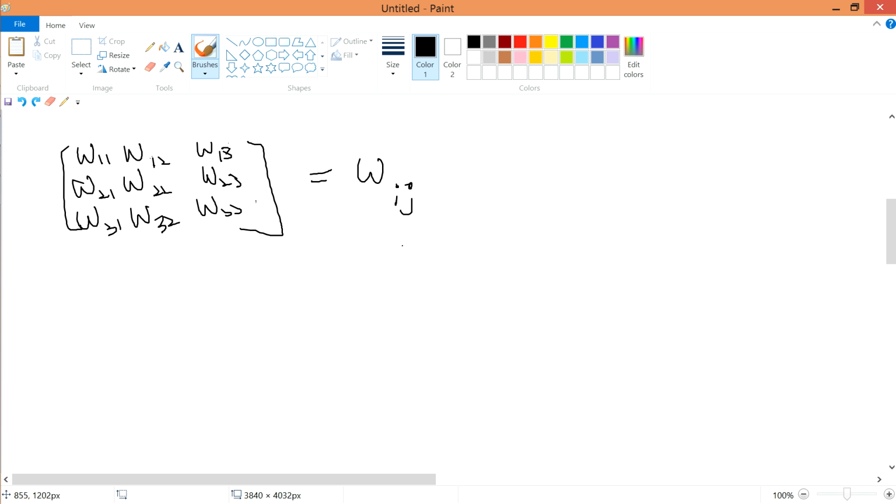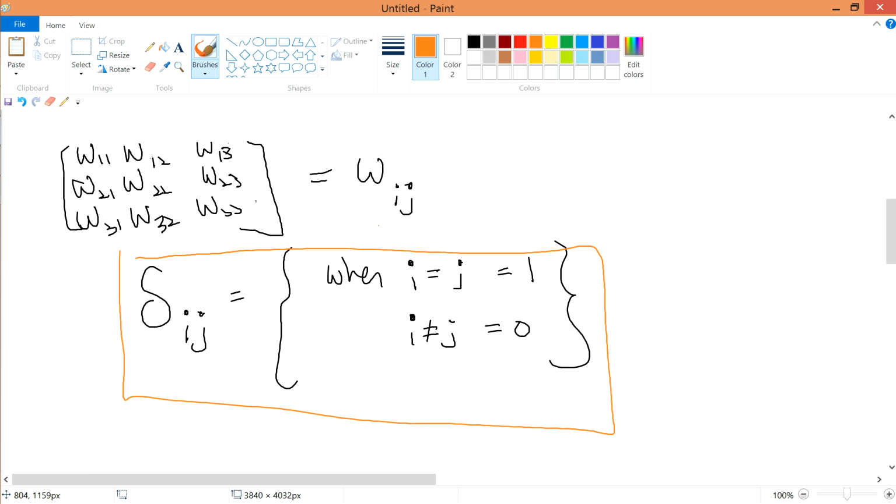Now let's derive something called the dummy index, by using the concept of the Kronecker delta. Delta ij is equal to, so I have some intervals, and therefore I have a Kronecker delta. This is the definition of a Kronecker delta.